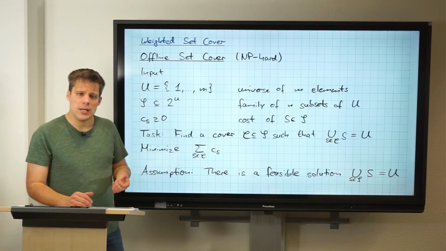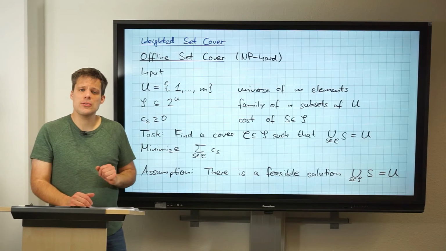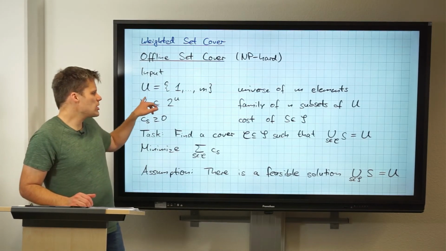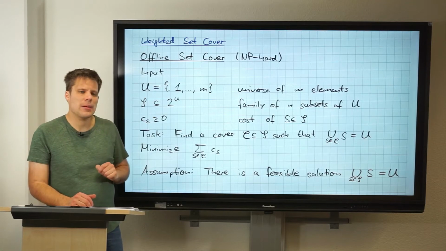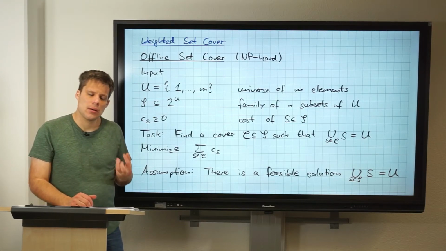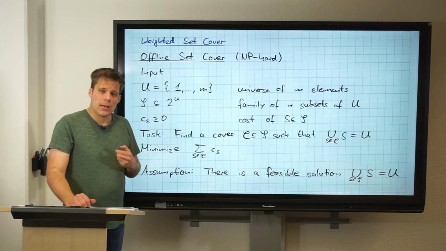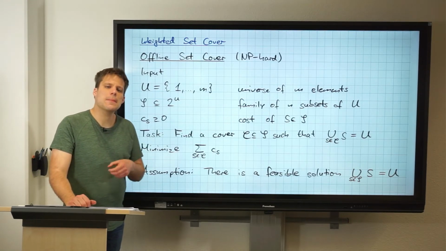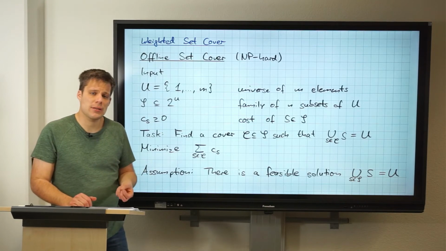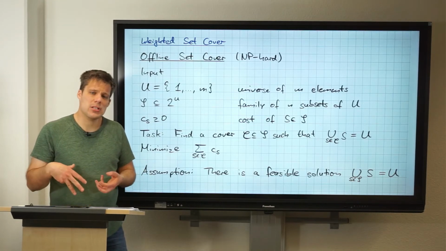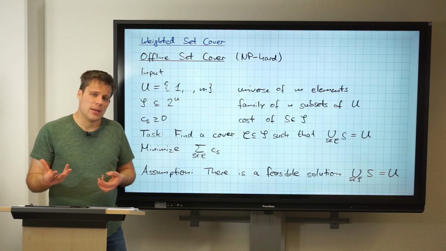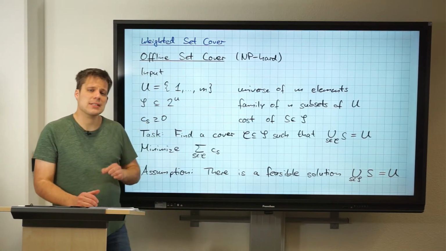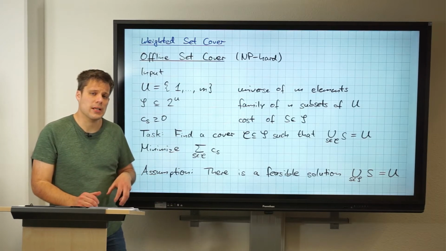And whenever such an element of U is revealed to us, only then we get to know which sets in our family actually cover this particular element, and then we immediately have to cover this element, and our decision is final in the sense that once we've added a set to the cover, then it stays in the cover. We cannot remove it anymore.